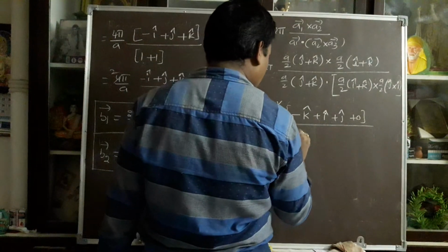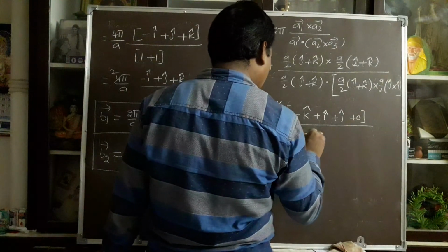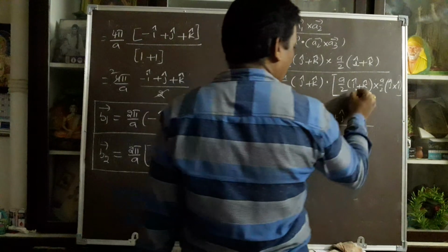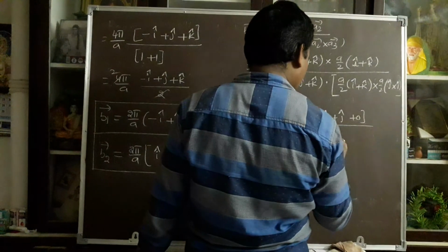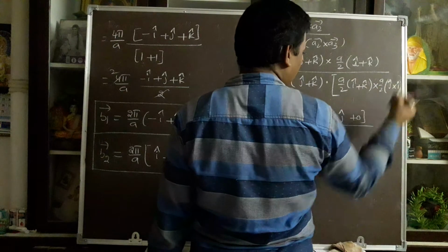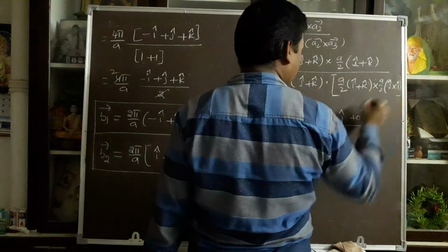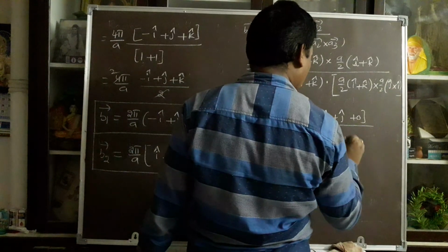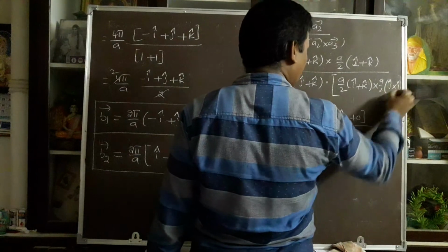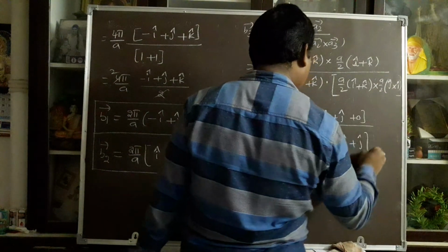So (J bar plus K bar) dot the cross product: I bar cross J bar is K cap, I bar cross I bar is 0, K bar cross J bar is minus I cap, K bar cross I bar is plus J cap.